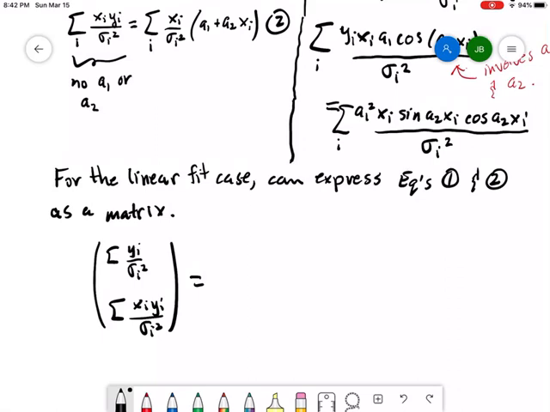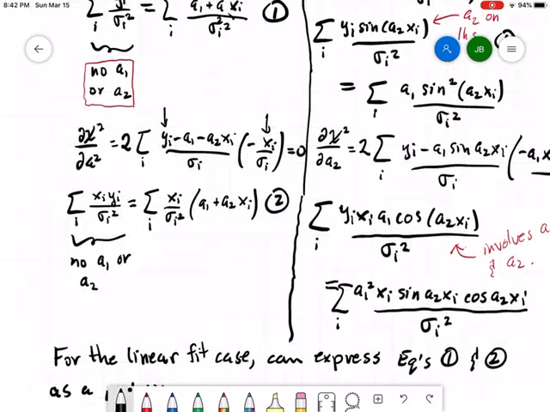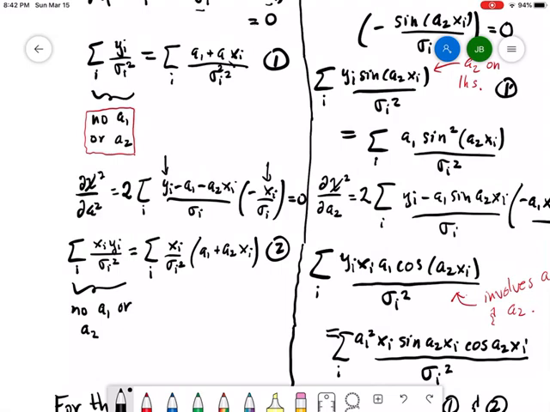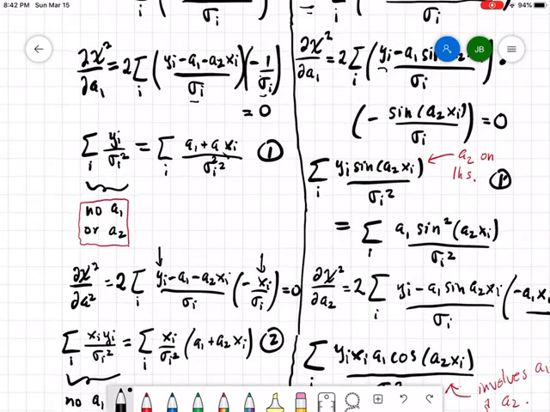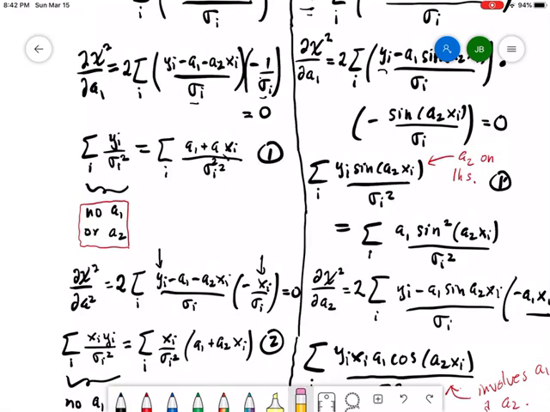For the right-hand side, if we construct a square matrix, let's go back to equation 1 and look at the coefficient of a1. I don't know what happened. My equation 1 got a little messed up here, so let's see if we can fix that. So this was going to be a2, and this was going to be sigma i squared.